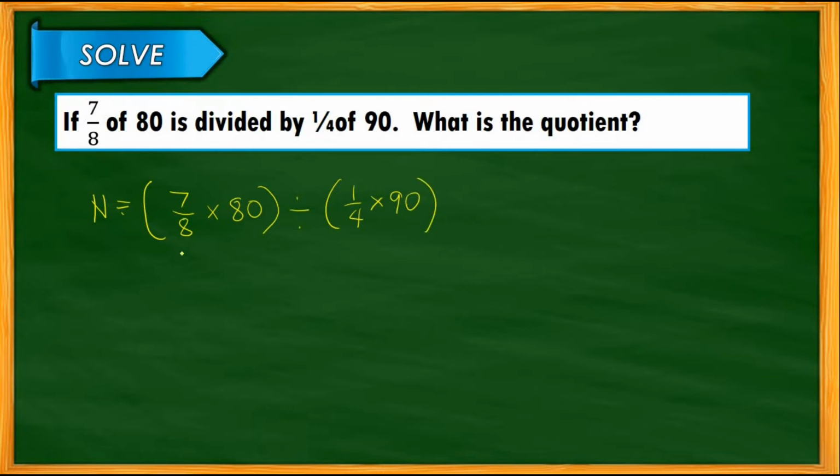First, we're going to solve the 7/8 of 80. We make the whole number 80 a fraction, and we make the whole number 90 a fraction also.